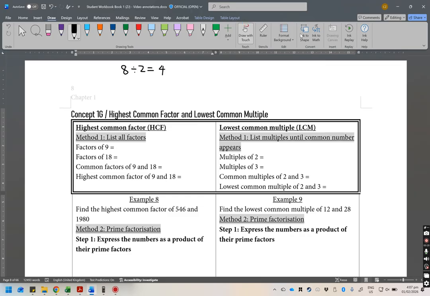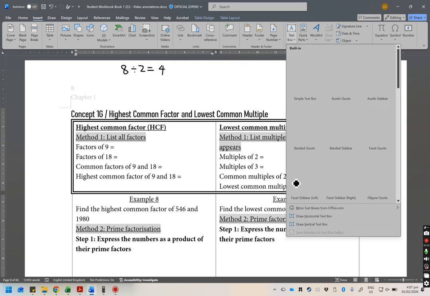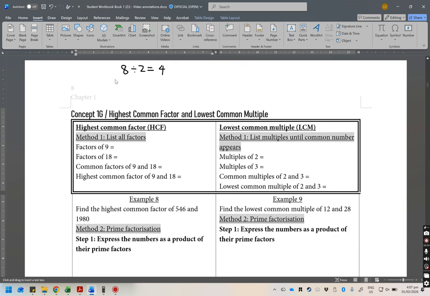Okay, so let's just write that down so that it's not too much for us to handle. So 8 divided by 2 gives us a whole number 4.